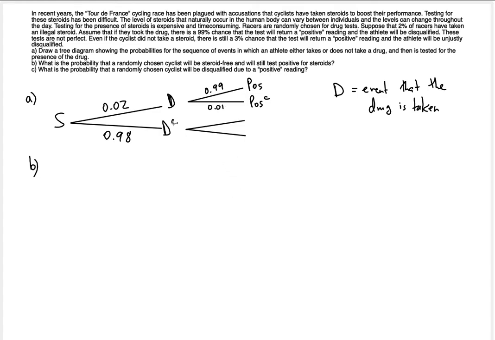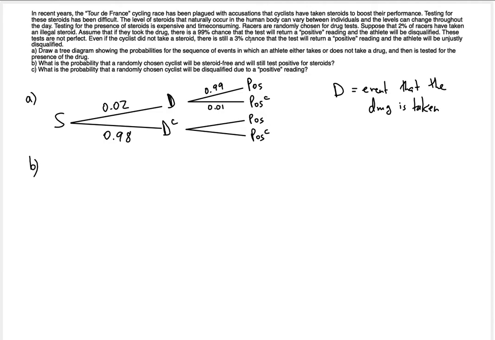Now, suppose that you did not take the drug. Let's see what that gives us. What's the probability of scoring positive when you did not take the drug? It says that the test is not perfect. Even if the cyclist did not take a steroid, there's still a 3% chance that the test will return a positive reading.